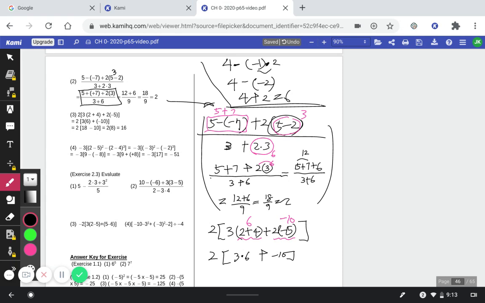So when you do 3 times 6 is 18, right? So you end up with, in this bracket, 2 times 18 plus negative 10.